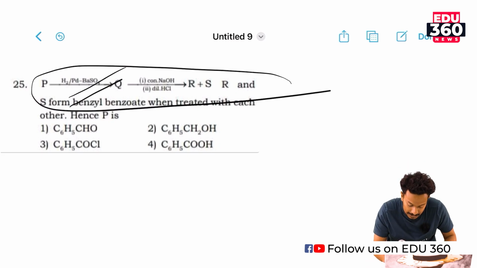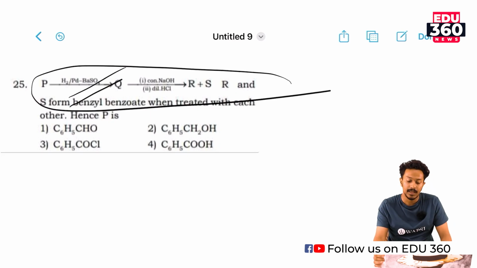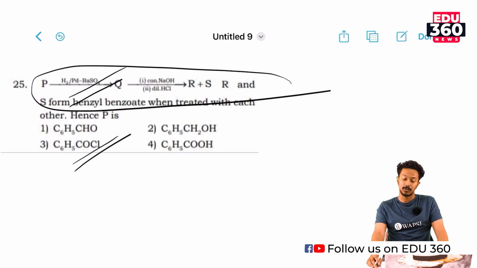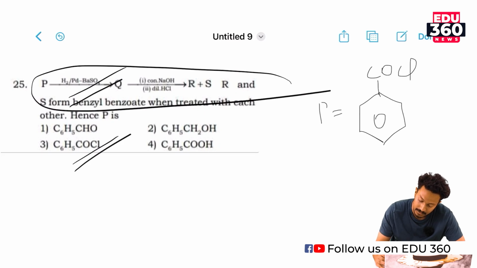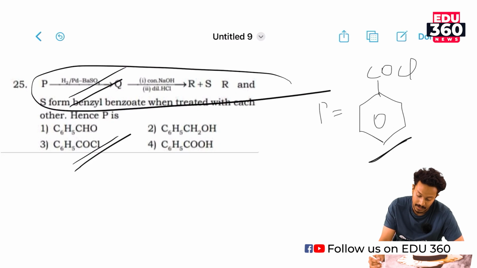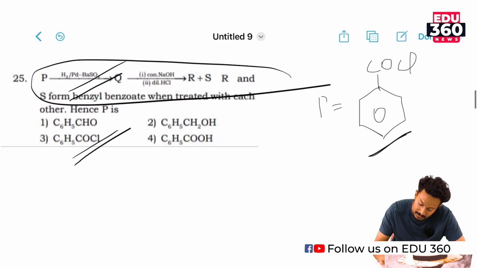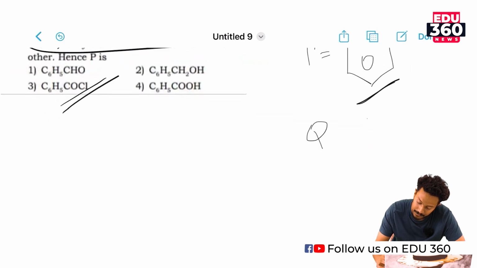The only acyl chloride present in the options is option number 3, C6H5COCl. P is benzoyl chloride. What is Q? It is C6H5CHO, benzaldehyde.